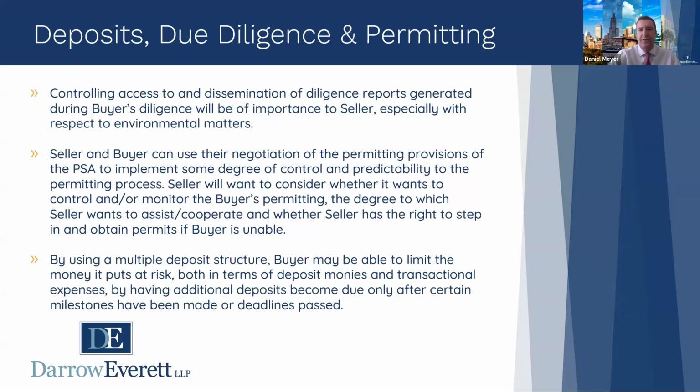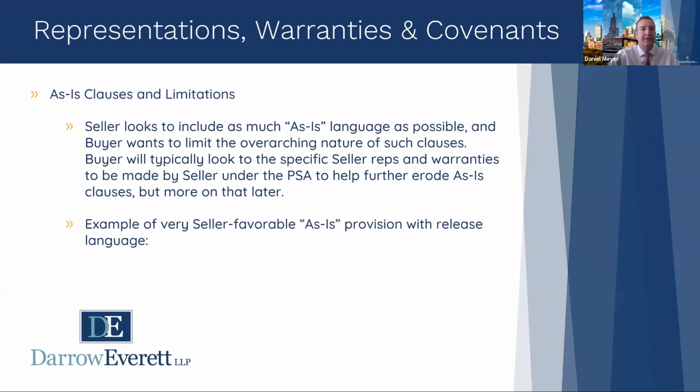I had mentioned earlier the ability to do an initial diligence period prior to commencing the permitting period, the entitlement period, for example, by paying perhaps a lower initial deposit, doing the diligence, and deciding if the property is feasible based on the diligence before you pay an additional deposit and/or start spending money on the entitlement and permitting process. That gives you the flexibility to save some money there.